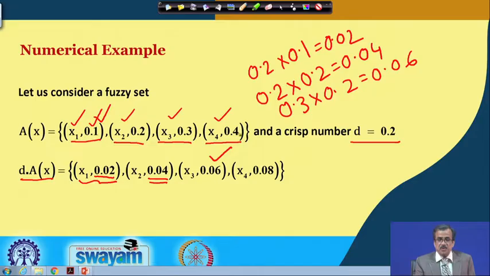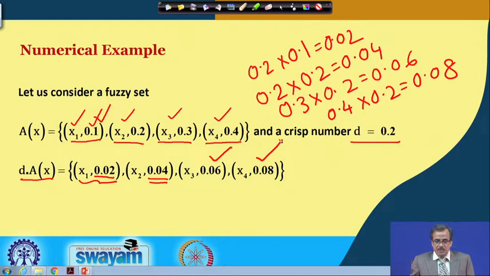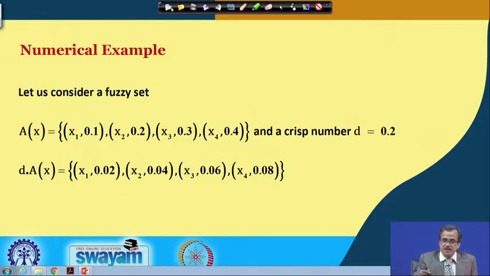Then corresponding to x4, we will have 0.4 multiplied by 0.2 and this is nothing but 0.08.